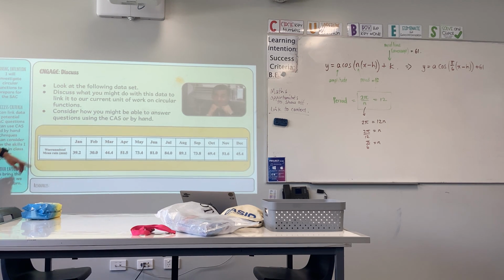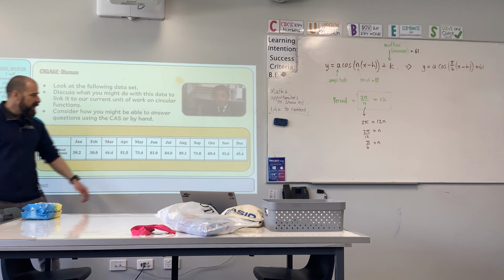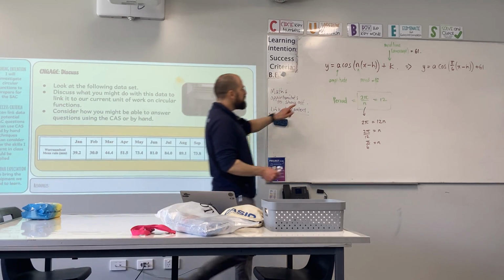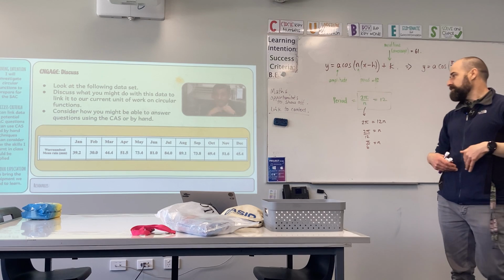So we could find the maximum and the minimum. We need it to get up to 89.1. We needed to get down to 30. So what could our number possibly be so that we're going to get to 89 and down to 30?